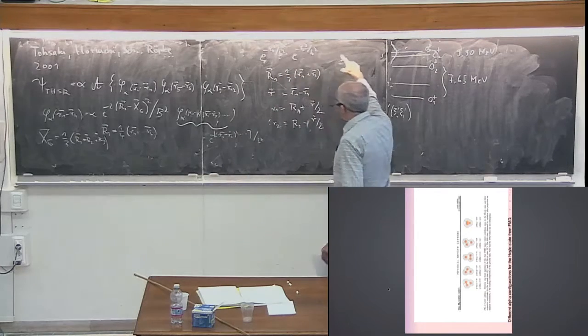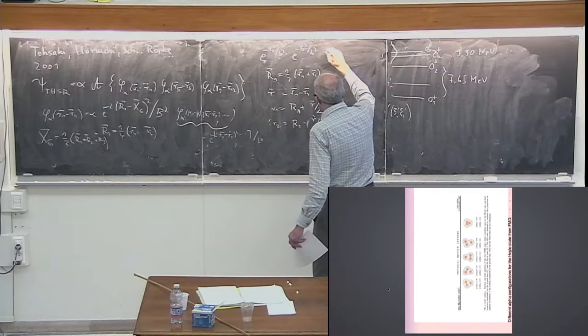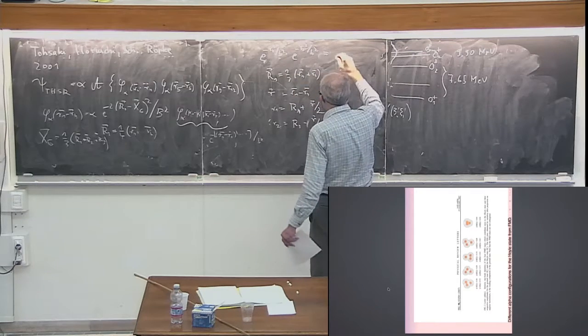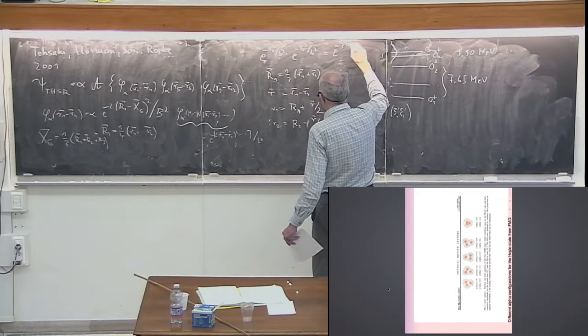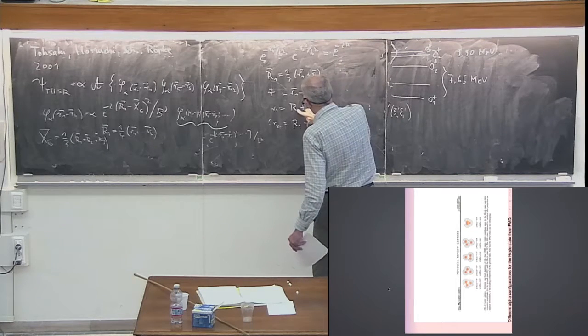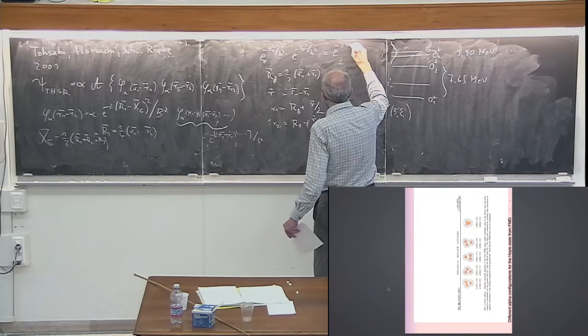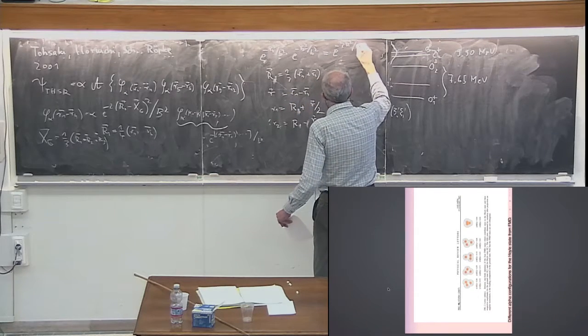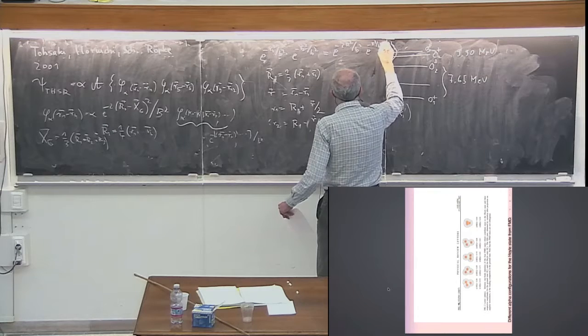If you insert this into this expression, you get e to the minus 2 R squared over b squared times e to the minus r squared over b squared.